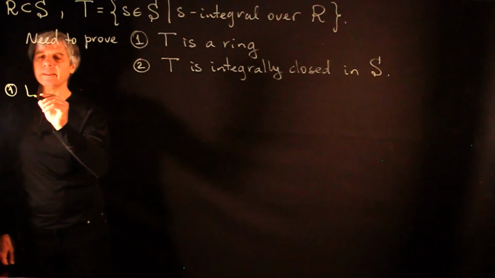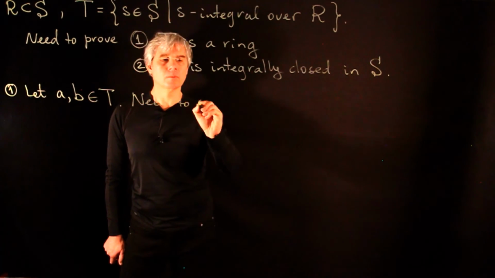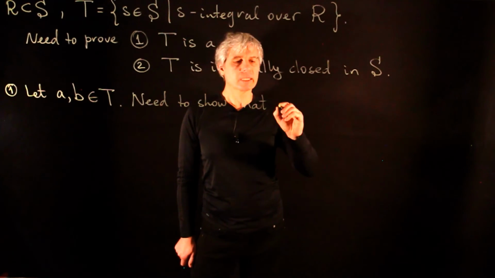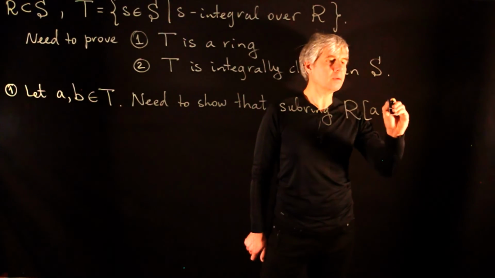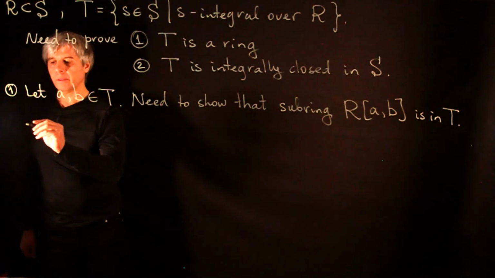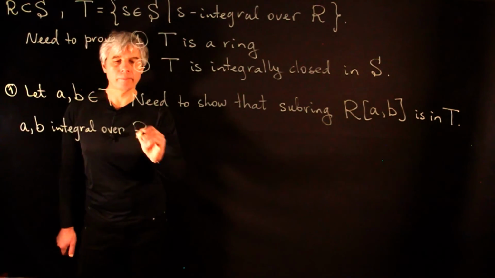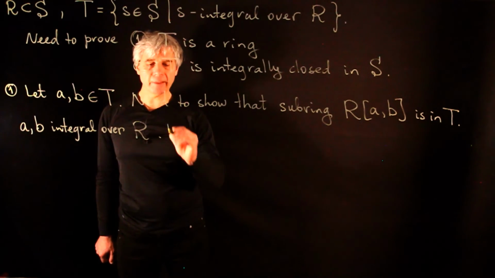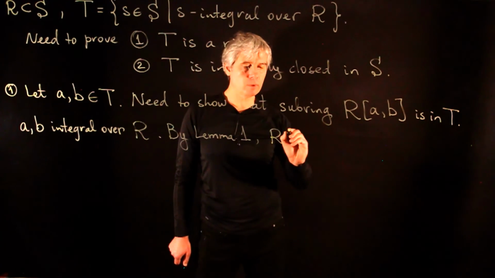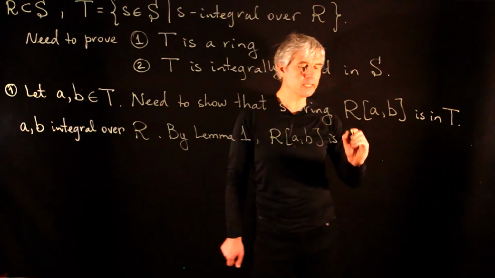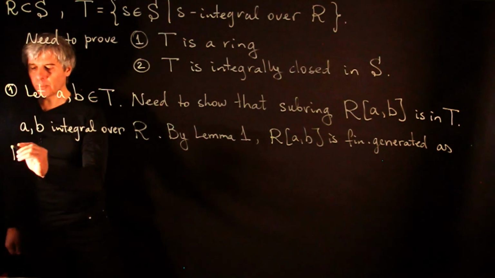For part 1, let a and b be two elements of T. We need to show that the subring of S generated over R by elements a and b is in T. The elements a and b are integral over R by definition of the set T. And by lemma 1, this subring R[a,b] is finitely generated as an R module.